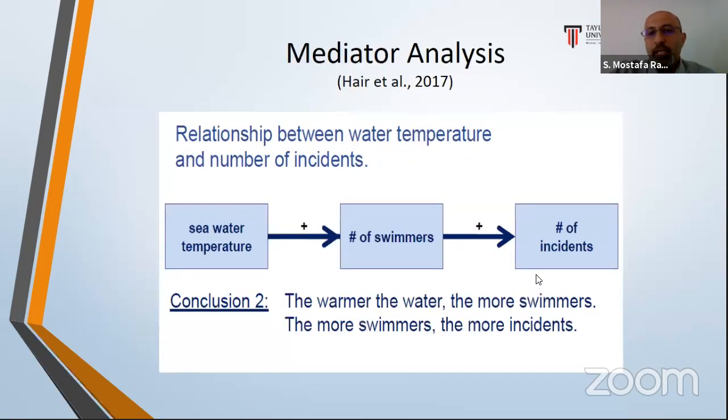But when we look at the literature, we understand that there is another variable that can come between these two variables, between this IV and DV. This variable is the number of swimmers.